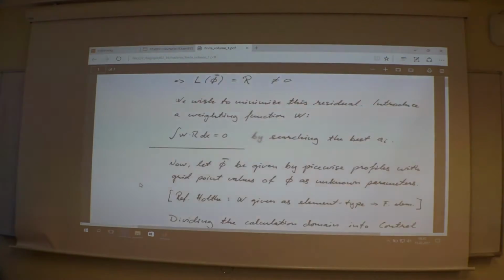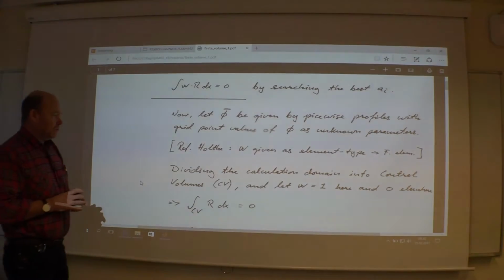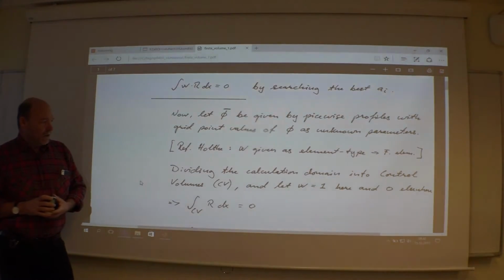And now we differ between finite volume and finite element. So we split up the calculational domain into small control volumes, CV, with a control surface, CS.